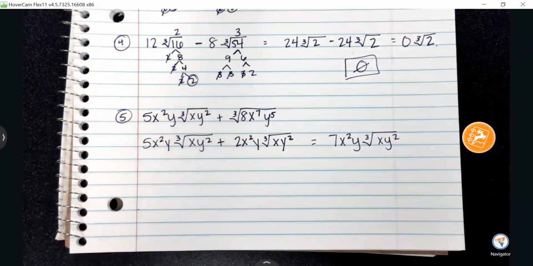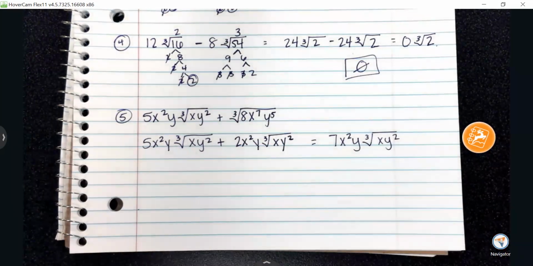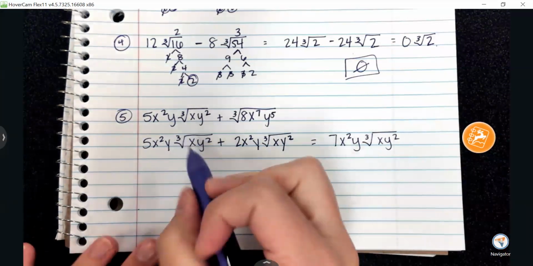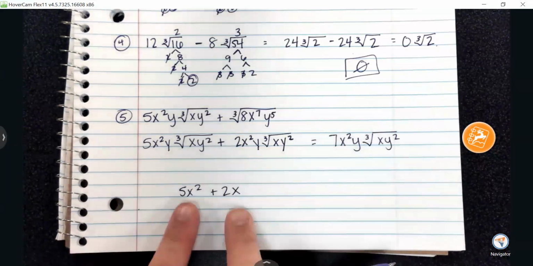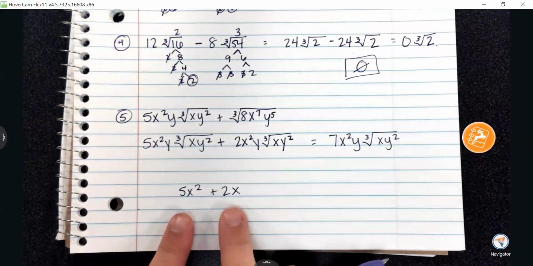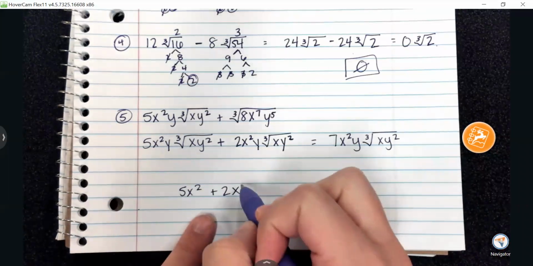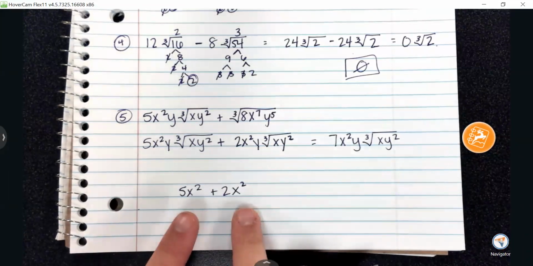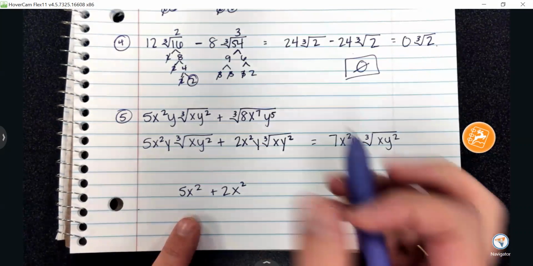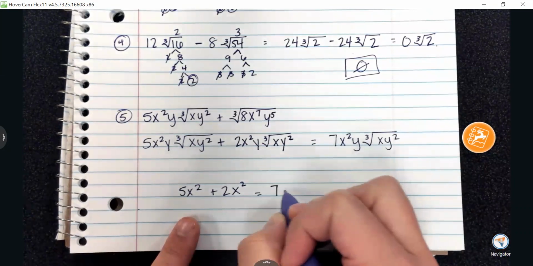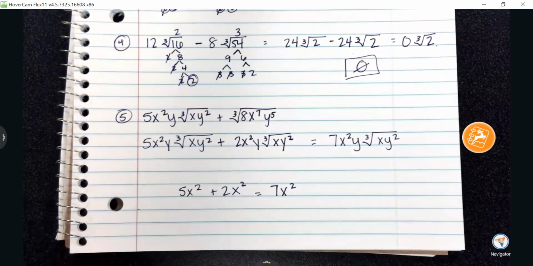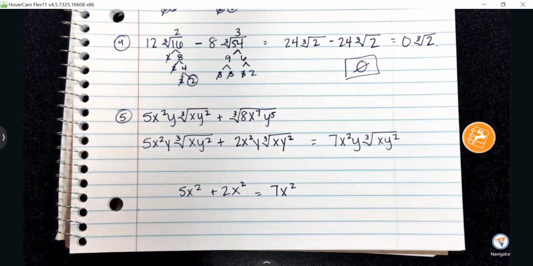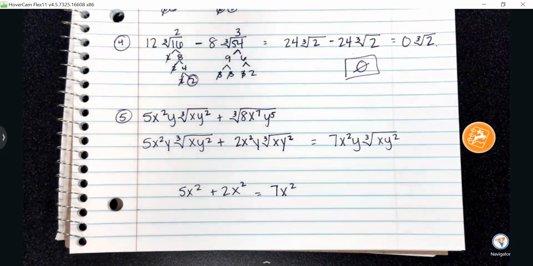Because we're adding, let's ignore the radical altogether, okay? If I just have 5x squared plus 2x, could I add those together? No. But if I have 5x squared plus 2x squared, can I add those together? And what will that be? 7x squared. These are like units. Remember, you can only add things that look exactly the same. We're not multiplying, we're adding.